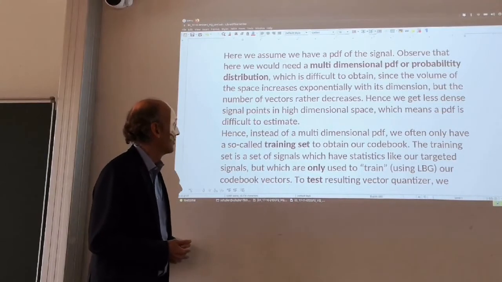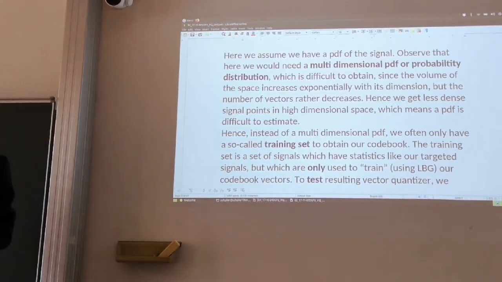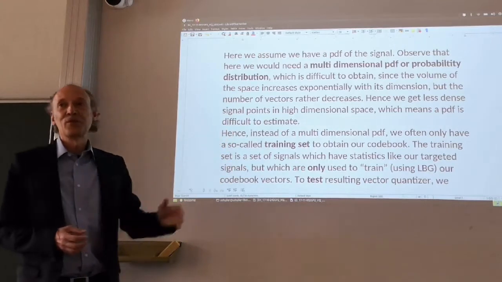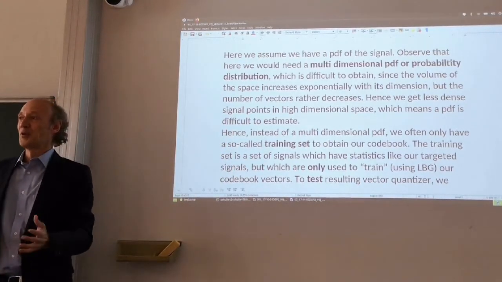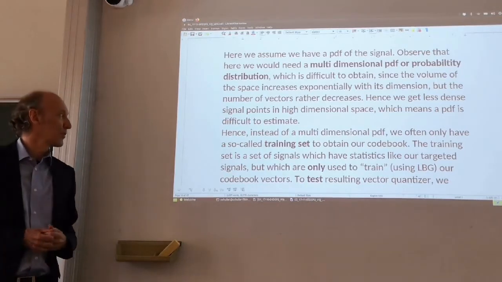Yeah, but in a way it's also kind of a training. Right? It trains the code book. And in this sense, it also has similarity with neural networks. Neural networks adapt to a training set, and here the code book adapts to the training set.